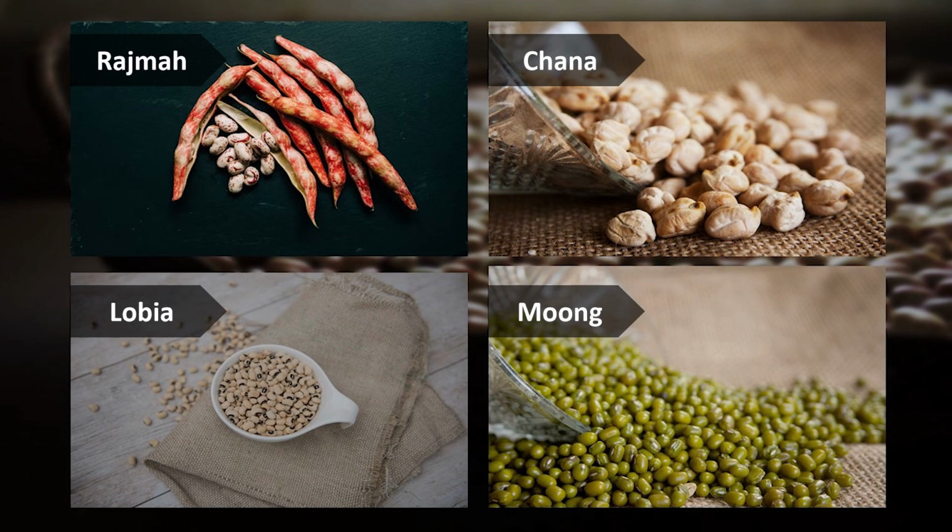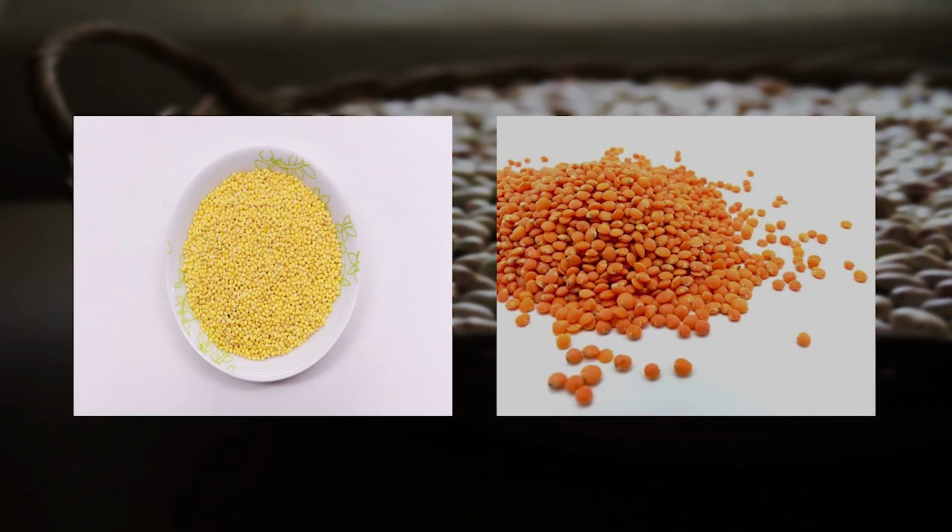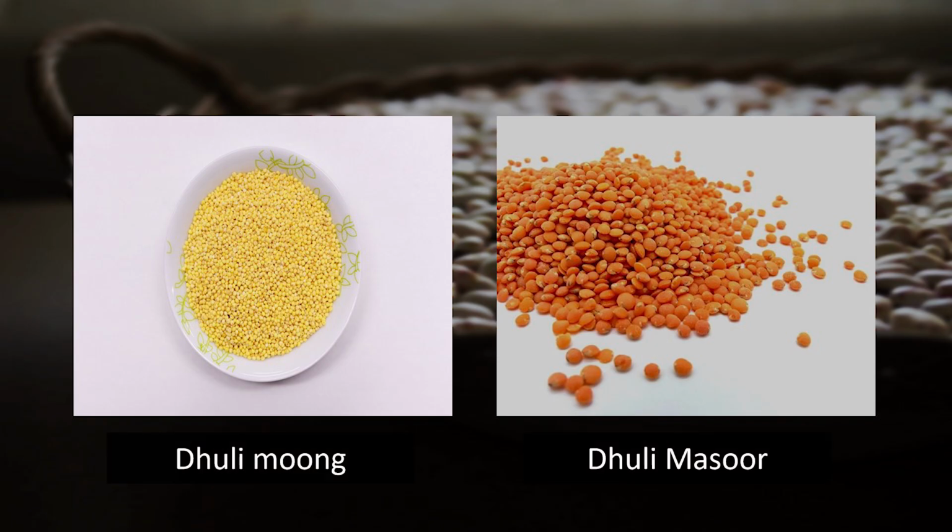This outer covering is a good source of B complex vitamins, vitamin C and fiber. And the good part is that these whole pulses can be easily sprouted, or we can say they can be easily germinated.